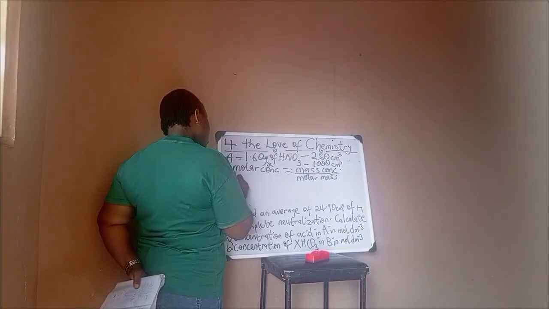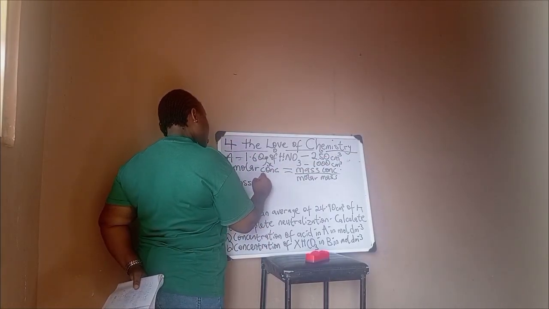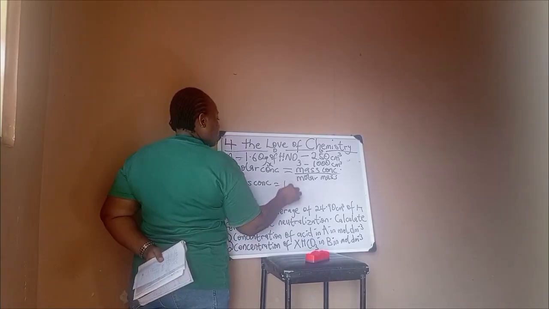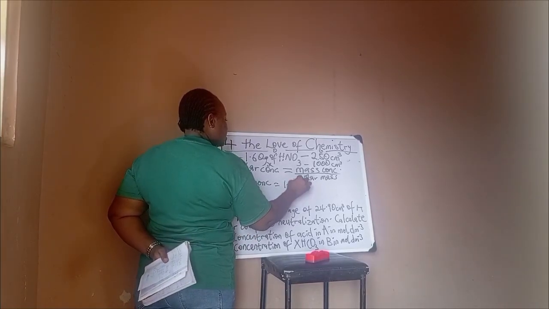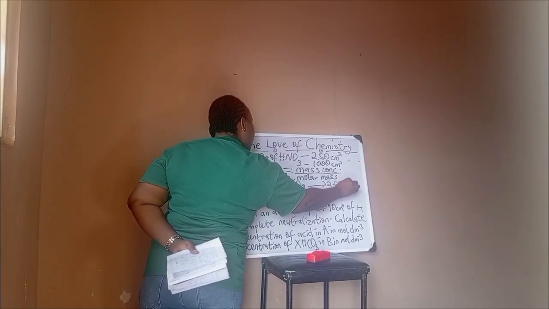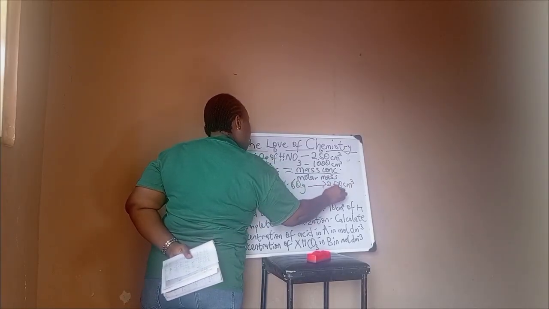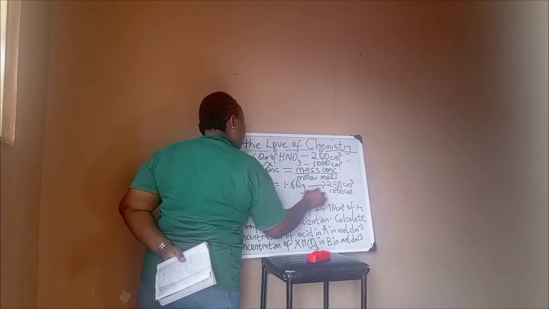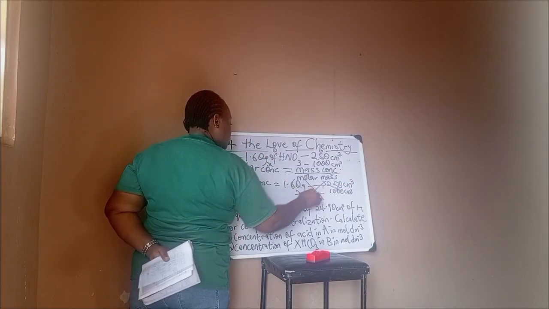Then to get our mass concentration, 1.60 grams is in 250 cm cube. So 1000 cm cube will contain how many?